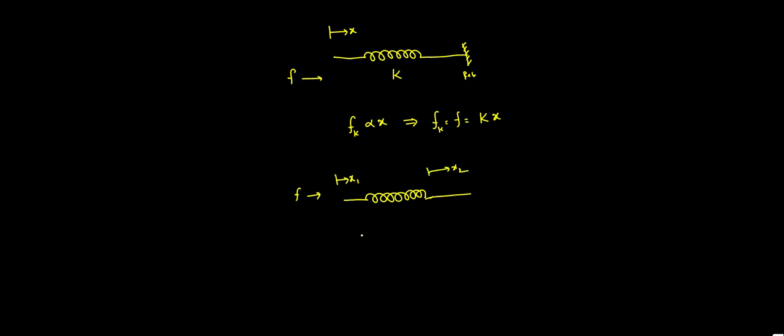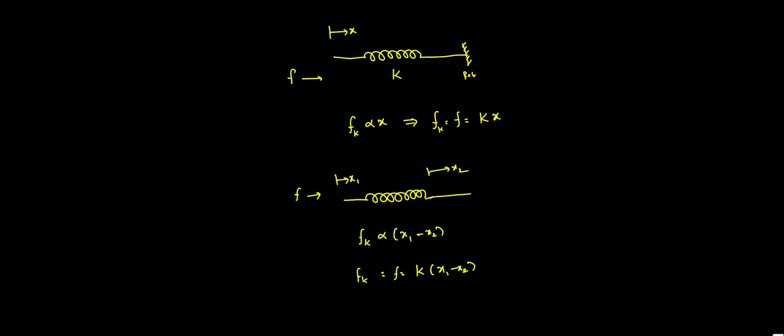The total force, that is Fk, is directly proportional to the difference between the distances, that is x1 minus x2. So considering the spring constant k, Fk is equal to F is equal to k into x1 minus x2. This is how you can design the system very easily.